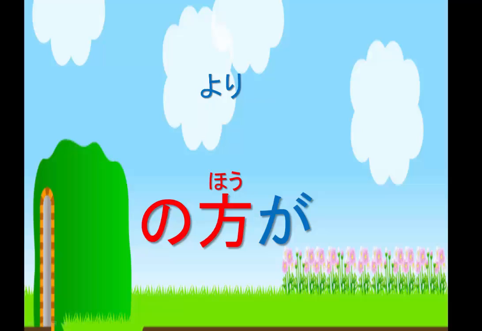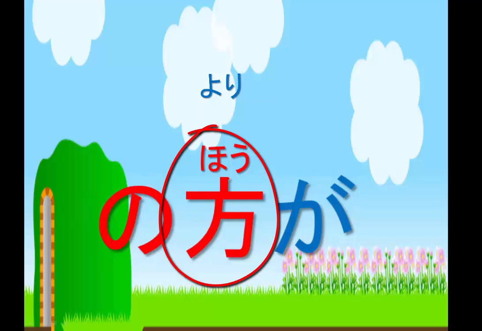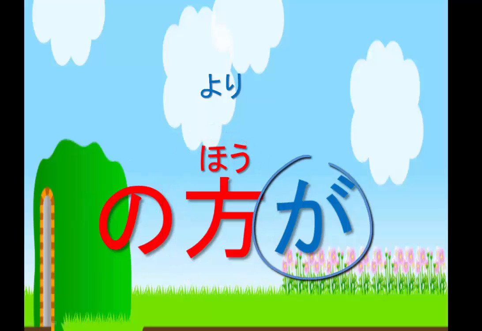Then we need the next expression, no ho ga. Now that's composed of three words. No is our linking particle. Ho means directional way. And ga is our subtopic particle. So what we're saying is with no ho ga, in this way. So more than the other thing, that's what we use yori for. In this way is what is more of the adjective that we're using.